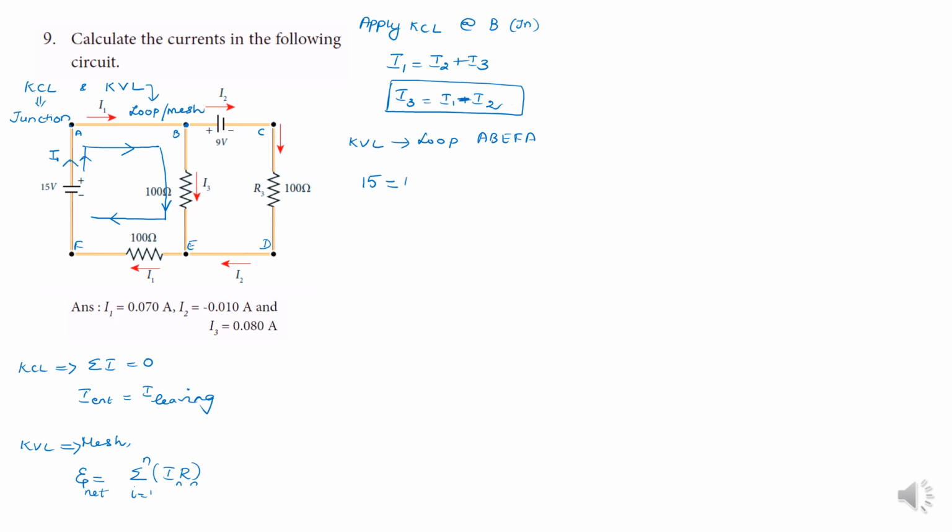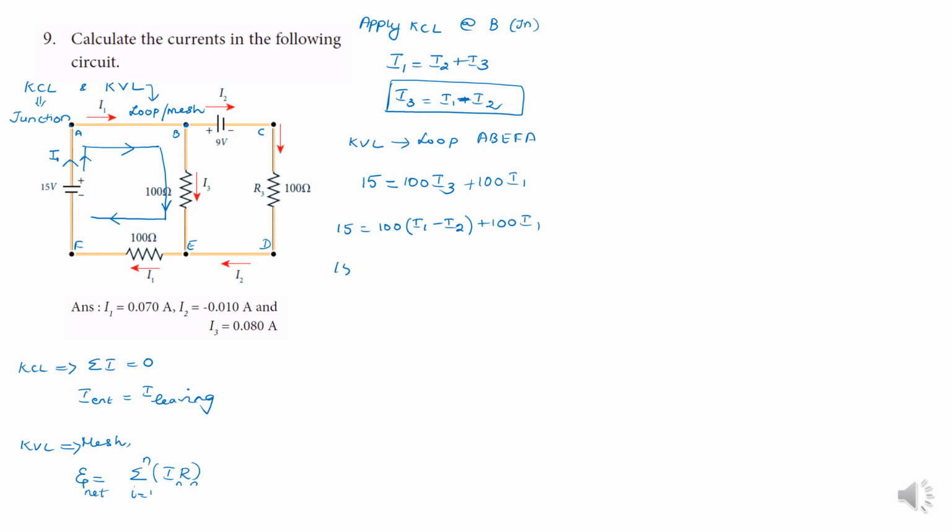So you can write it as 100 into I3, and the tracing direction is this way, and the current is also in the same direction, but this current is I1, it is also passing through 100 ohms. So plus 100 I1. So 15 is equal to 100 I3, where I3 is equal to I1 minus I2, plus 100 I1.